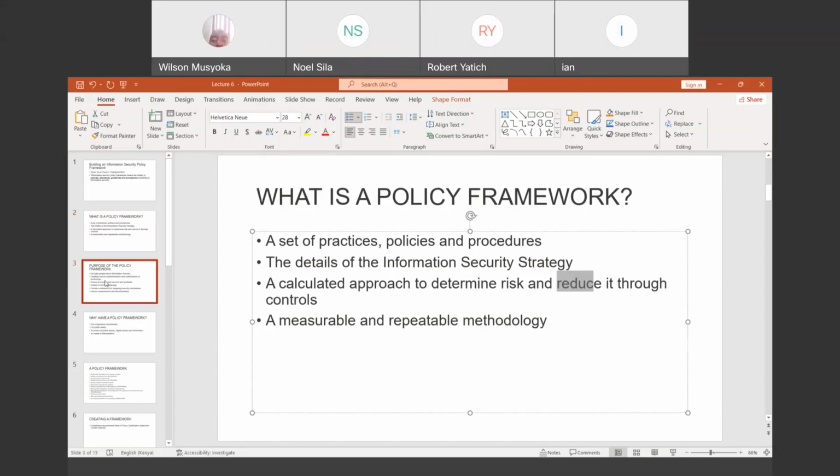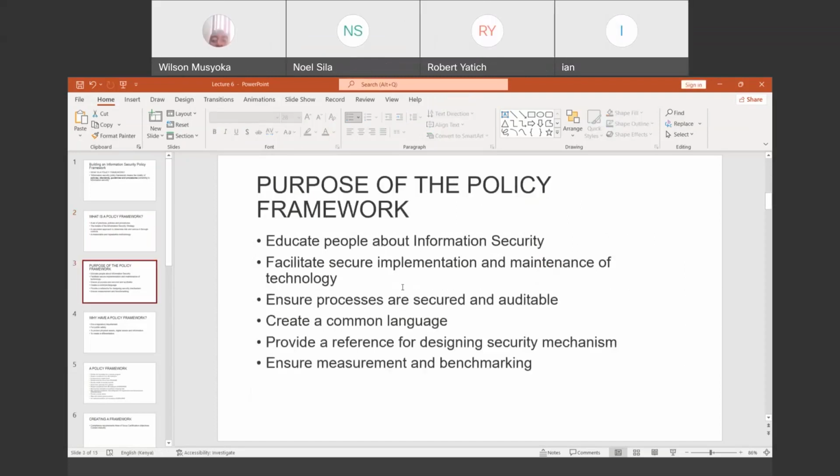Then we also look at purpose. Why do we need the policy framework in general? One is for education purposes. It's very important that people are educated regarding information security. Remember, we said information security is going to look at both the hardware and the software.